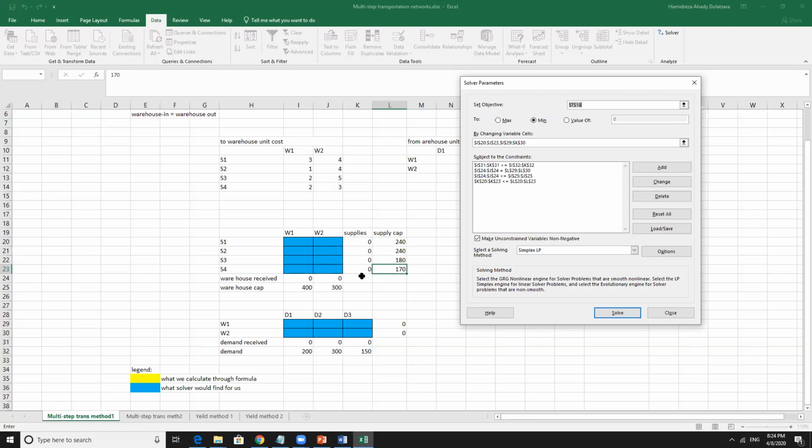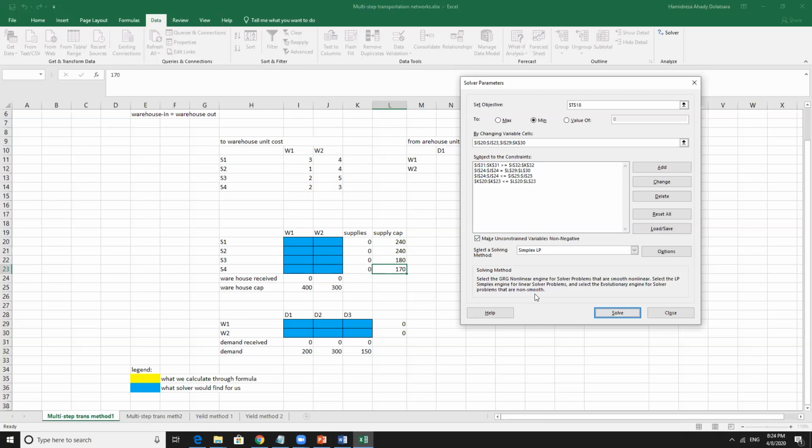So whatever supply that we deliver from S1 to S4 should be less than capacity. So we cannot supply more than our capacity. Again, we solve it through simplex, and when I click here, yes, go ahead, please.